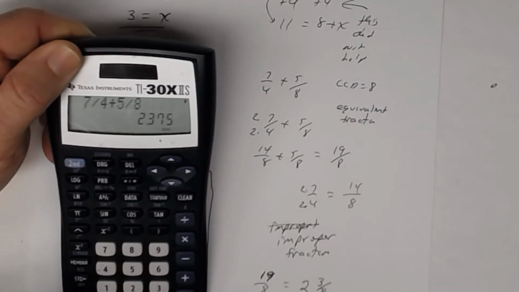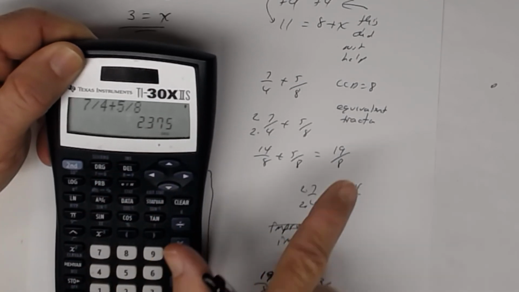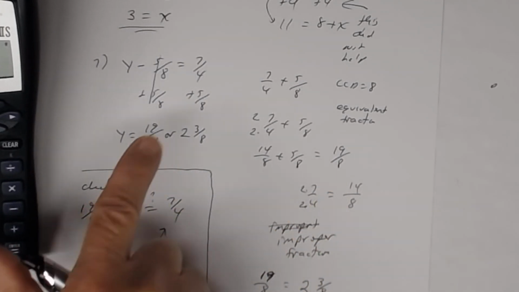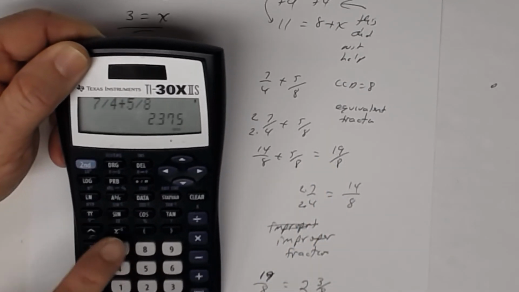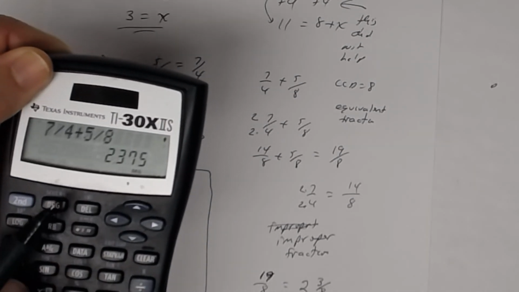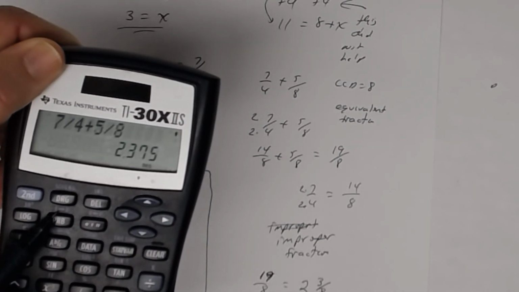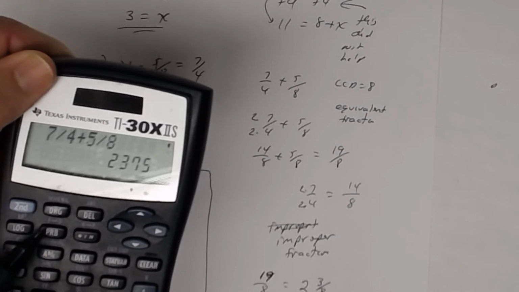Notice we have this decimal, but I want to convert this decimal to the improper fraction that we saw here. On my calculator, right above PRB, you can't see very well, but it says F to decimal, decimal to fraction.